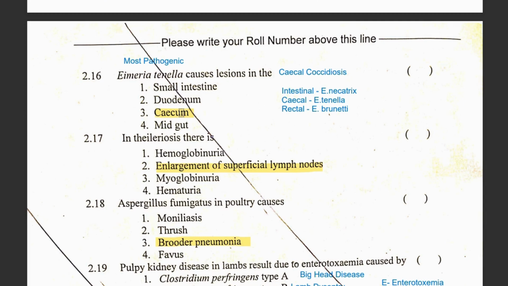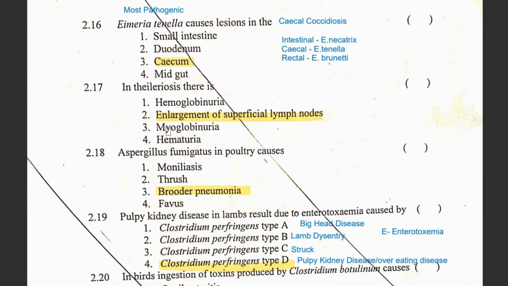Then comes Eimeria brunetti, which causes rectal coccidiosis, and then comes the one which causes intestinal coccidiosis, which is Eimeria necatrix. All are location specific, and that's why their importance is even more. Do not ever forget these 3 species of Eimeria.